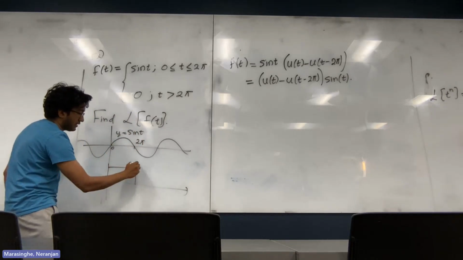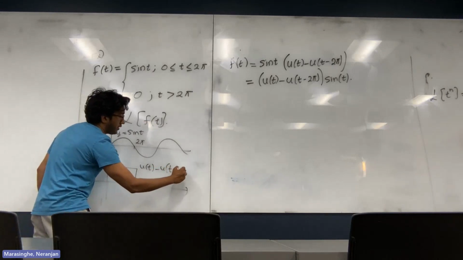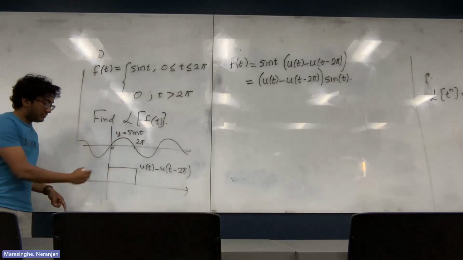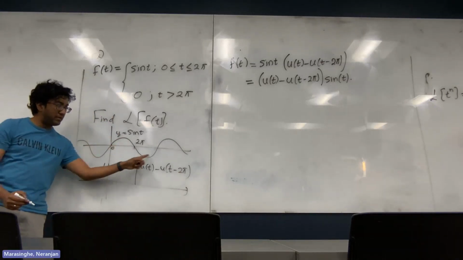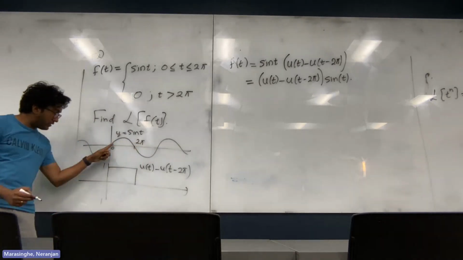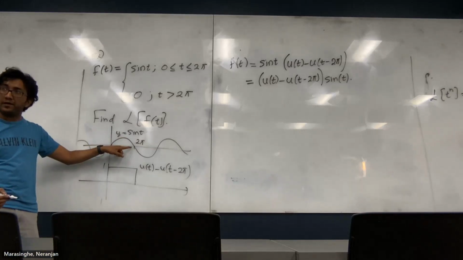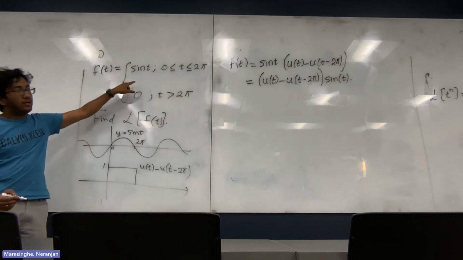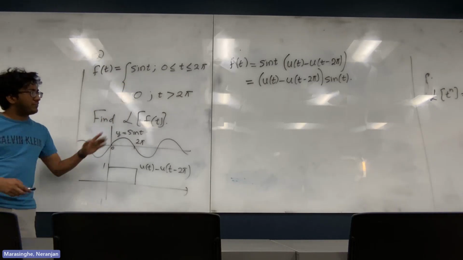This is the graph of u(t minus 2 pi). If you multiply them, 1 would be multiplied by this portion, and 0 would be multiplied by the rest. So this portion would disappear, this portion would disappear, and you would get only this. So you would get exactly f(t). Is that clear? Now we know what f(t) is.